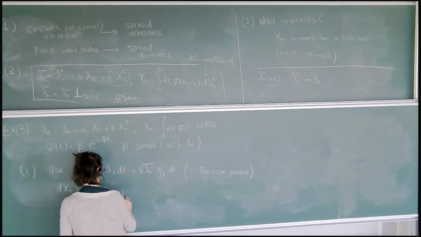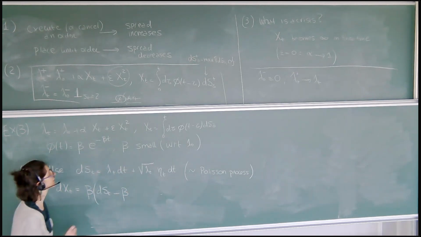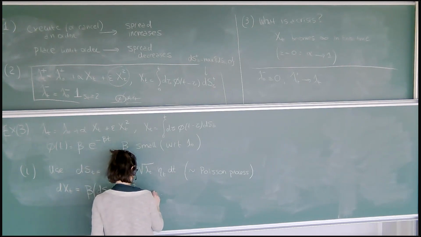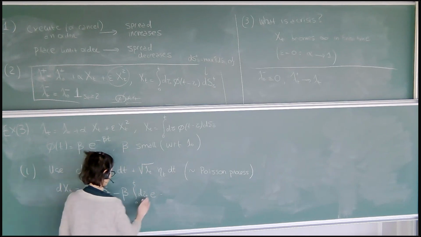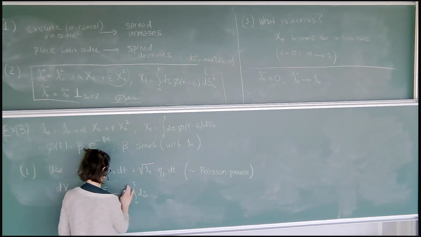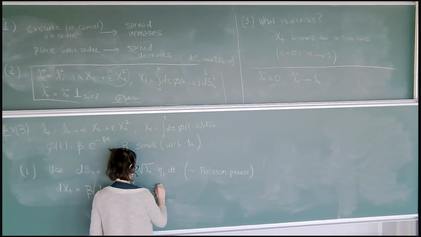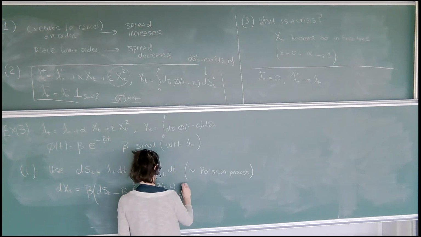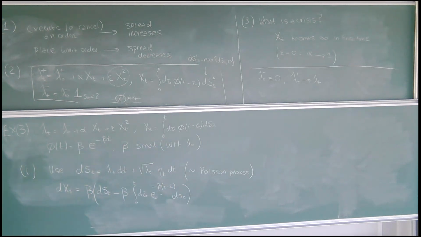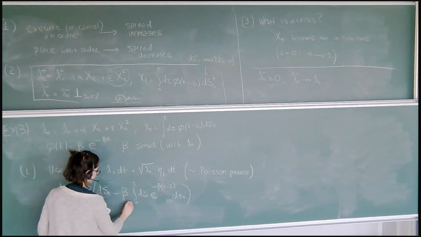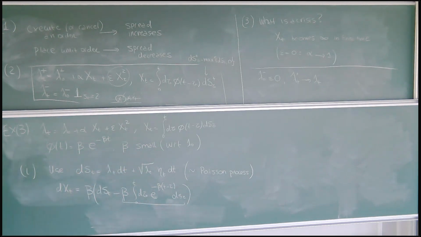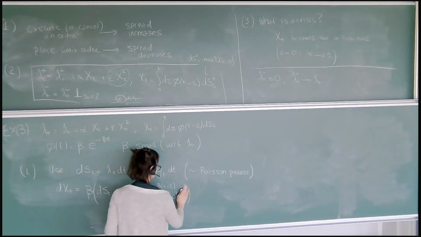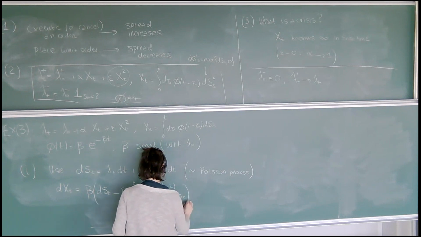So I will have minus β times the integral from 0 to t of e to the minus β(t minus τ) dS(τ). And I forgot a dt, because now I'm looking at the differential.